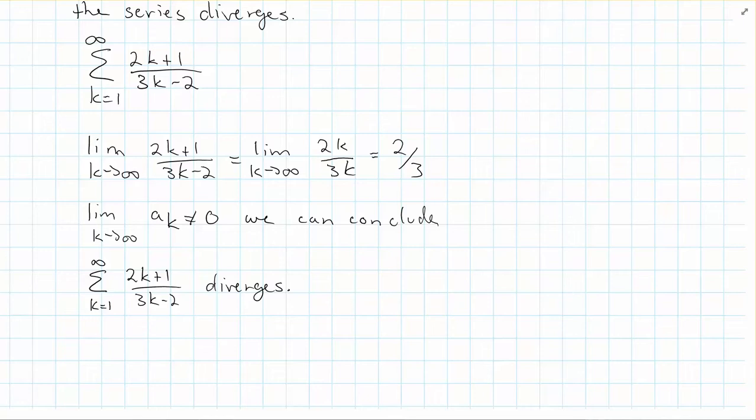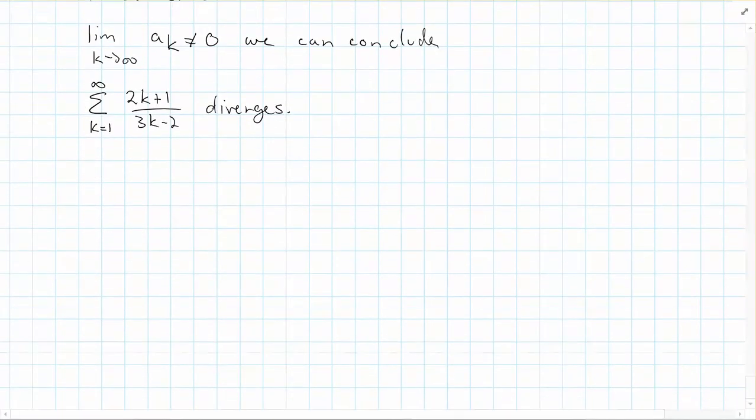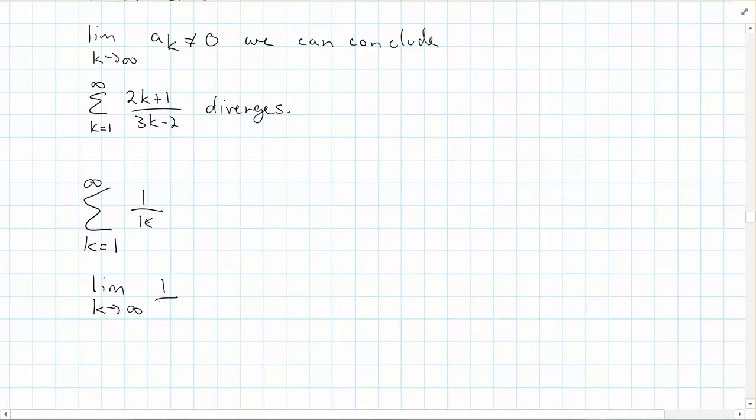We can conclude that the series diverges, which then we're done. Now the other example we had looked at, I'm going to put up here again because we're going to examine it in more detail. It's a very famous example. This is where people mess up the divergence test. If we look at the series from k equals 1 to infinity of 1 over k, well, we have the limit as k goes to infinity of 1 over k equaling 0.